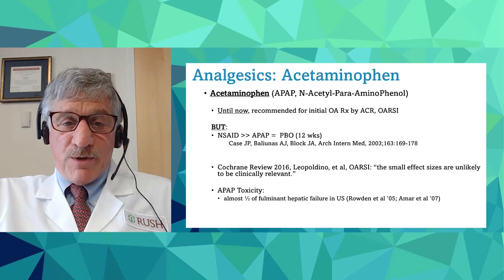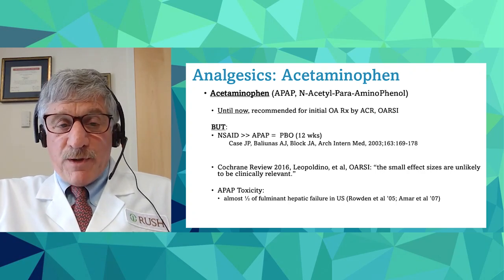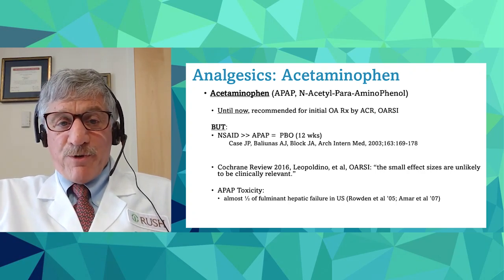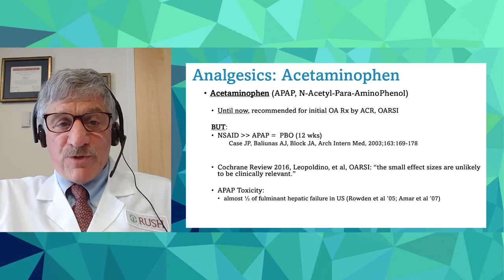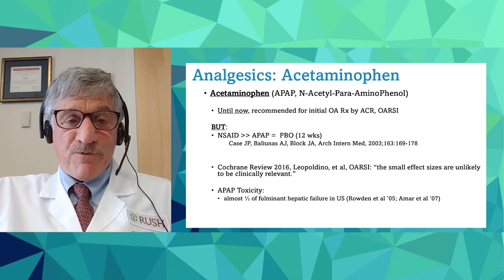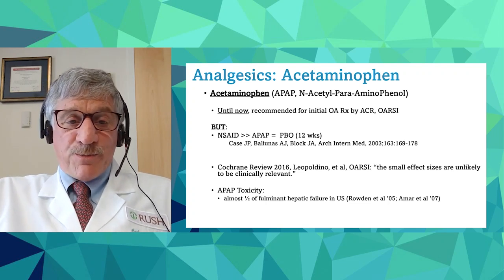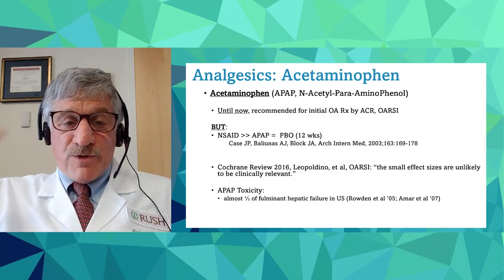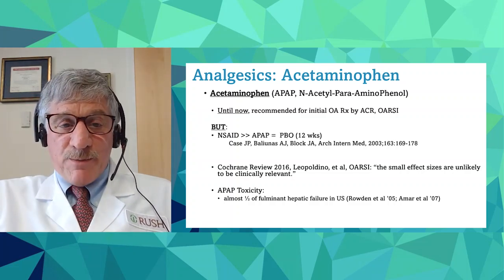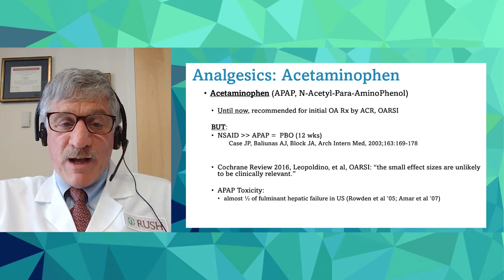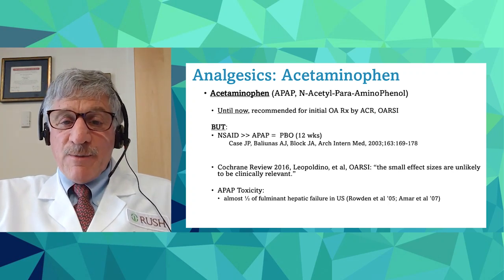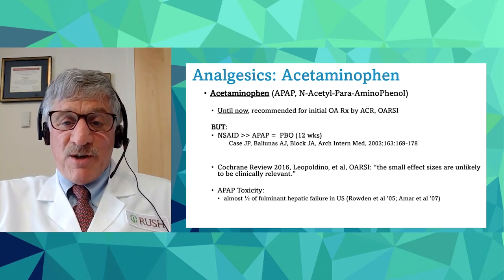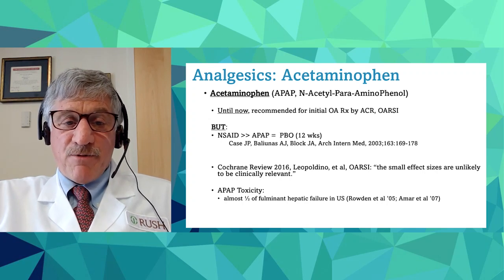What we found was that at 4 weeks, acetaminophen was actually still superior to placebo, but by 12 weeks, acetaminophen was indistinguishable from placebo, and both were substantially inferior to nonsteroidals. These results have since been replicated several times, and finally in 2016, the Cochrane collaboration concluded that the small effect sizes of acetaminophen are unlikely to be clinically relevant.